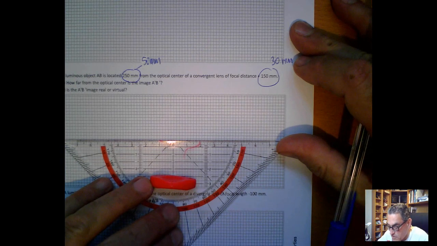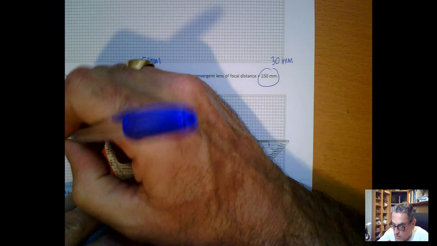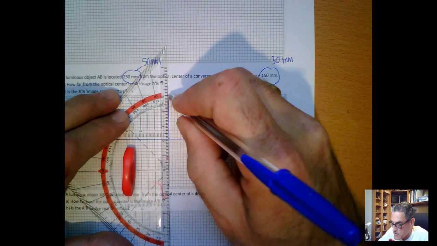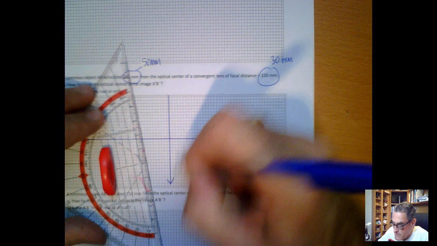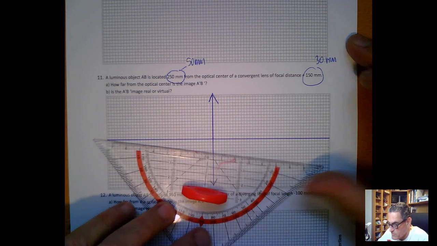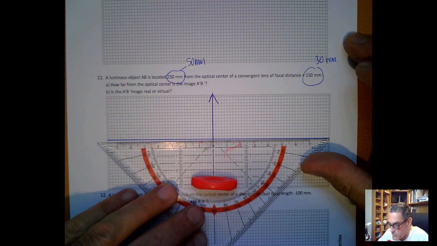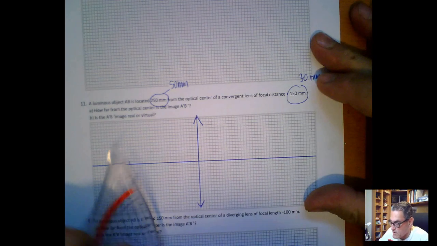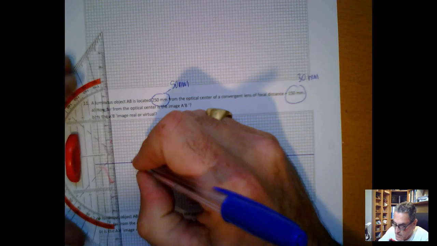Okay, let's now draw the optical axis as usual. Let's put a lens somewhere. It's a convergent lens, so we put the arrows this way. Then the object is 50 millimeters according to our scale, 50 millimeters away from the optical center.